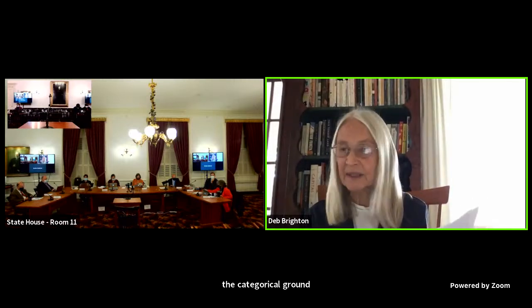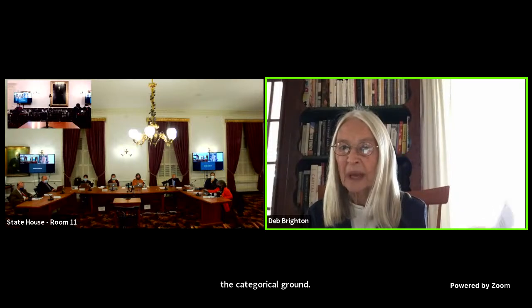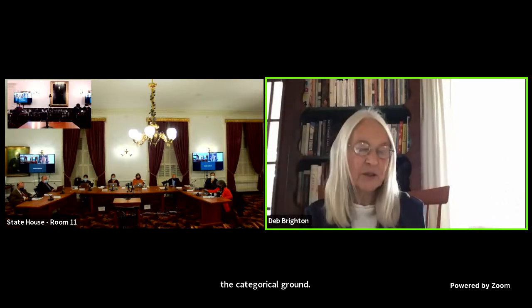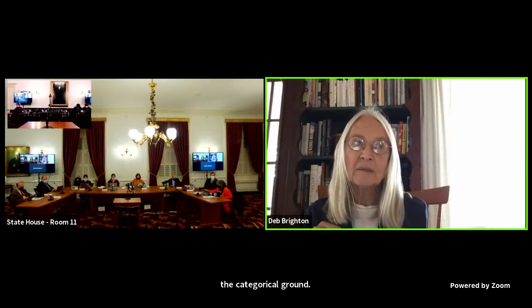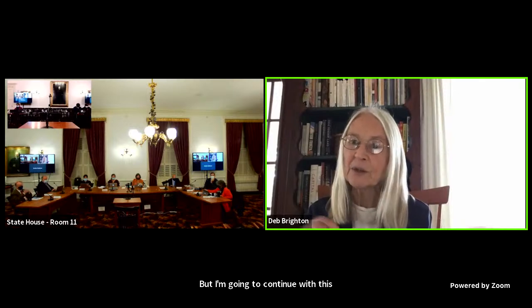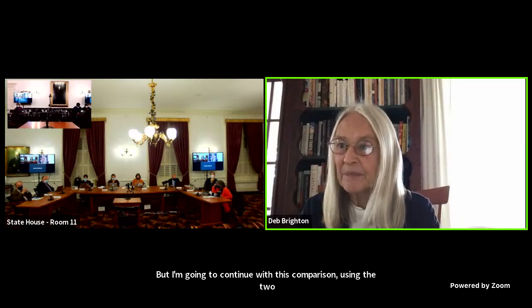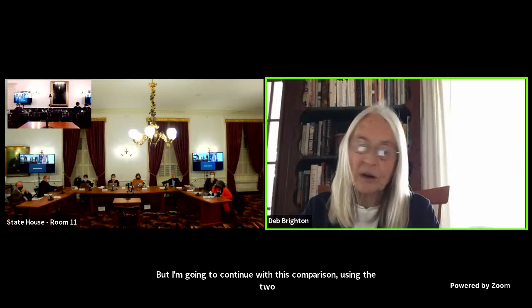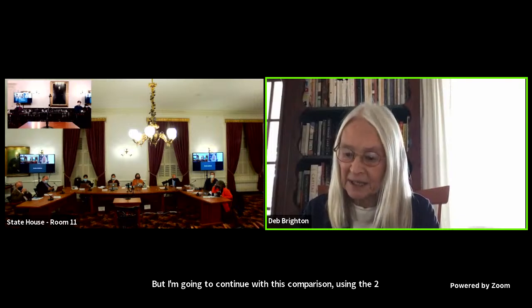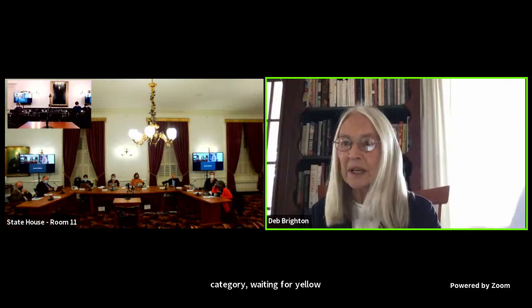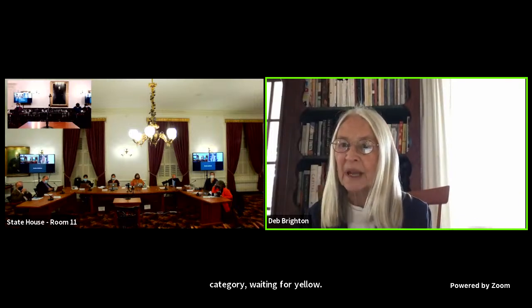Just so you can see the differences. But I'm going to continue with this comparison using the 2.49 category weighting for ELL, just so that we can compare with what you were doing this morning.